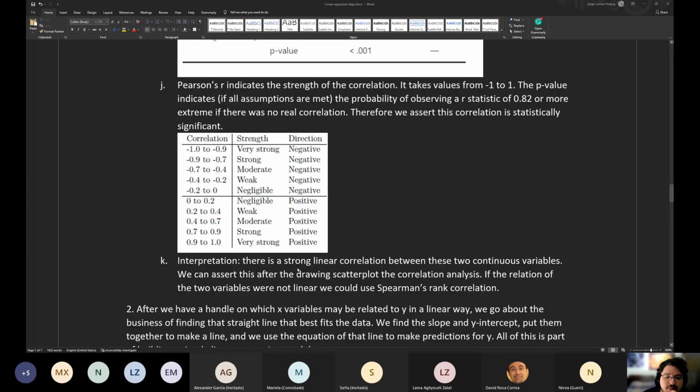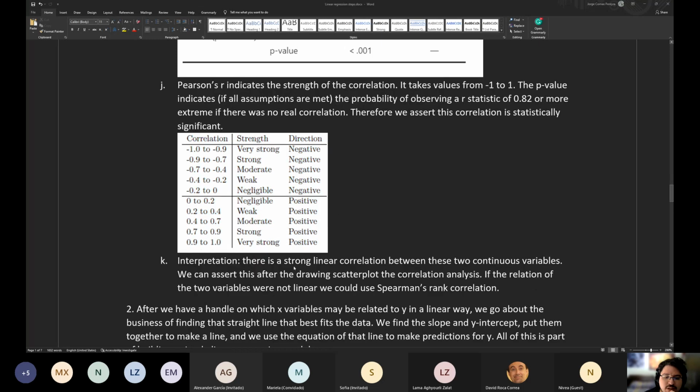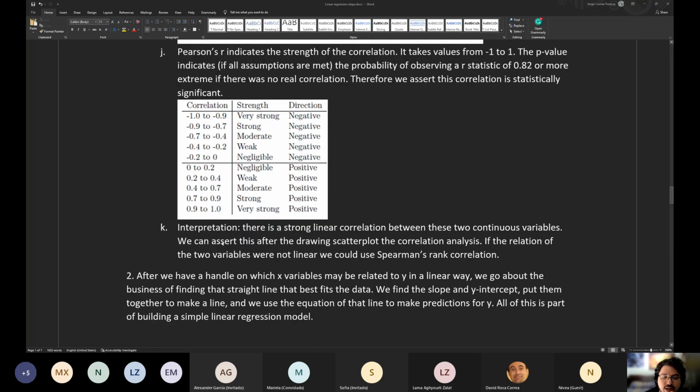So with these two numbers, our interpretation is that there is a strong linear correlation between these two continuous variables. We can only assert this after first drawing the scatter plot and then using the correlation matrix.